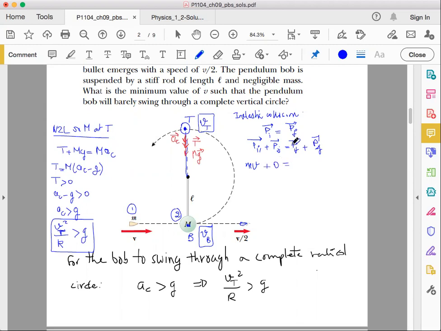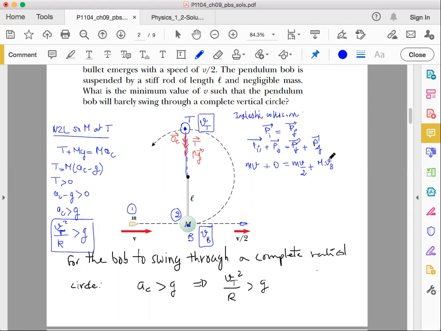That is equal to, so P1 final, what is the linear momentum of the bullet after the collision? Actually, the bullet emerges from the bob with a speed v divided by 2 in the same direction as its original motion. So it's m times v over 2 plus P2 final, the linear momentum of the bob right after the collision, which is the mass times its speed. We are going to call it VB, right?